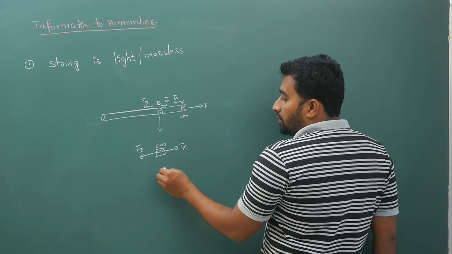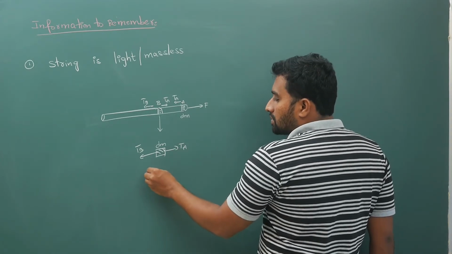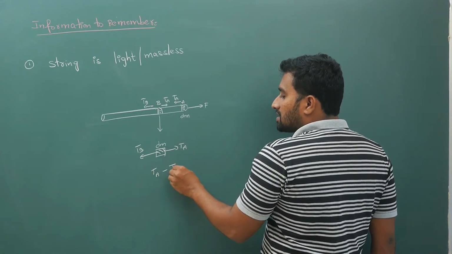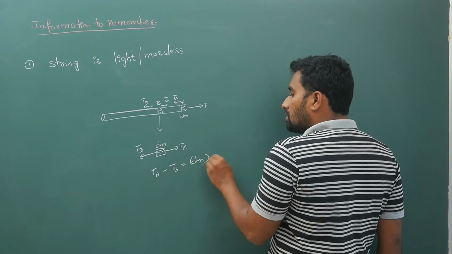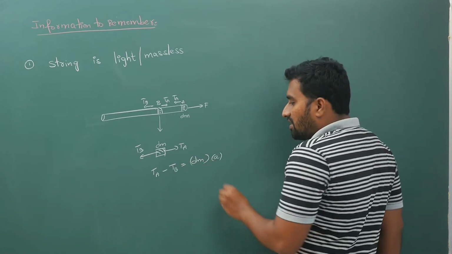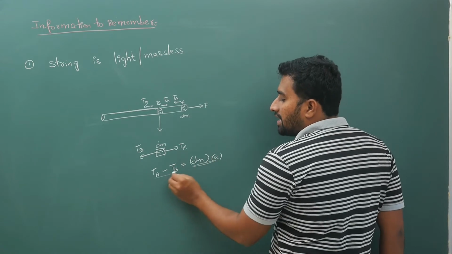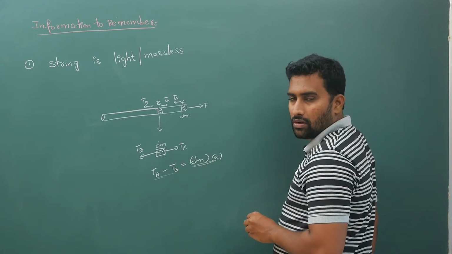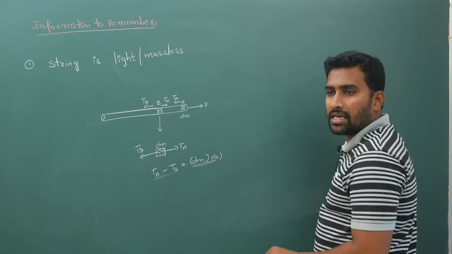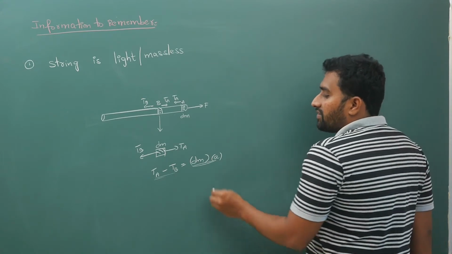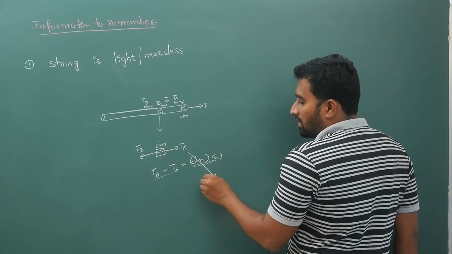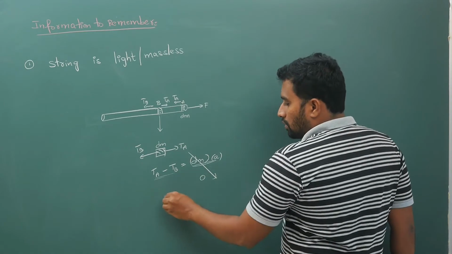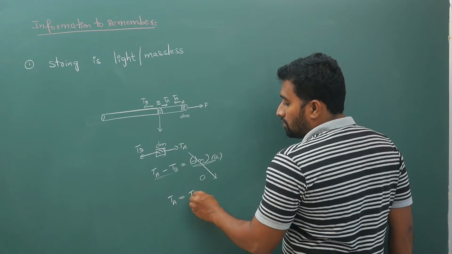Now if you apply some force, what will happen? TA minus TB will cause some mass times acceleration. So if mass is present, TA and TB are different. If it is massless, then this part will become 0. So you get TA equal to TB.